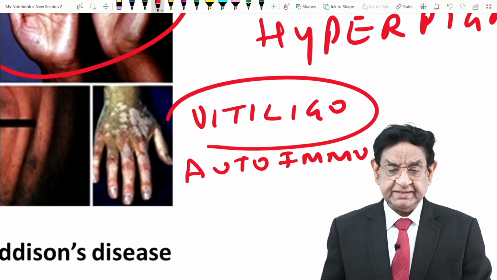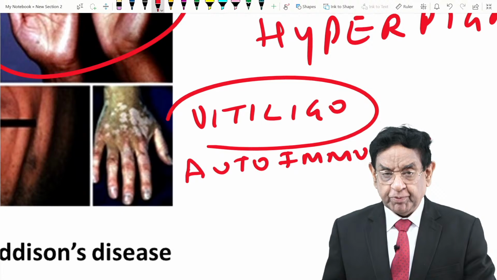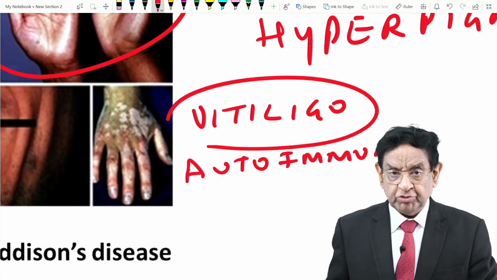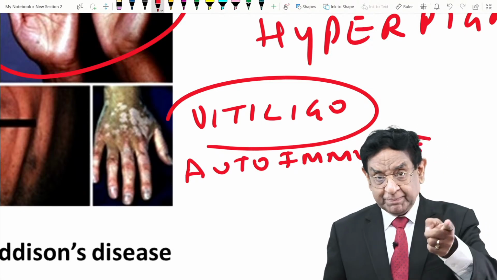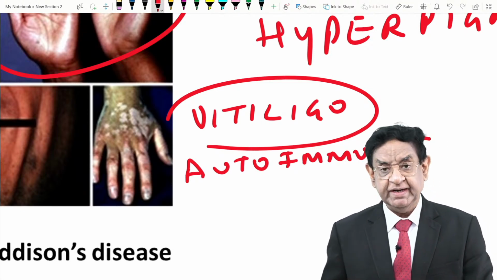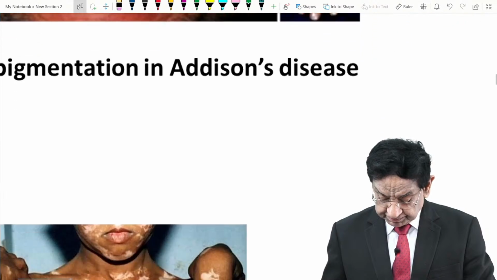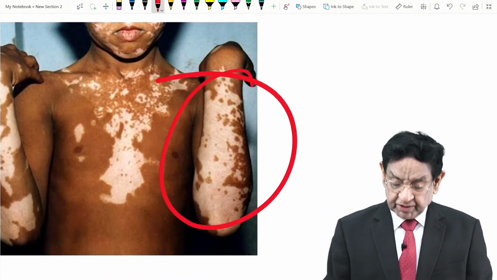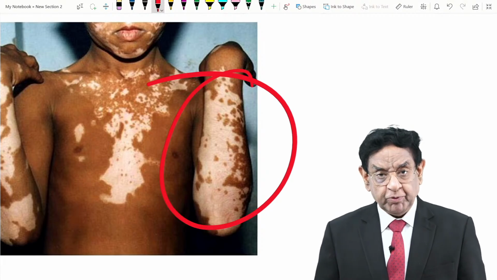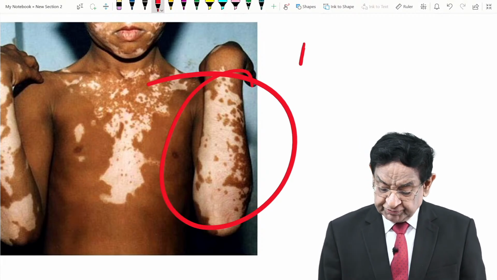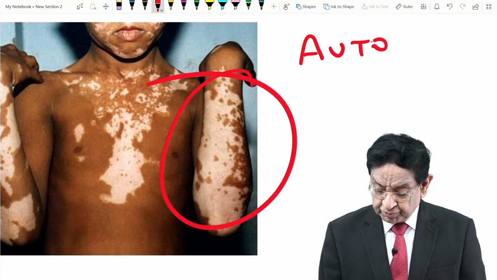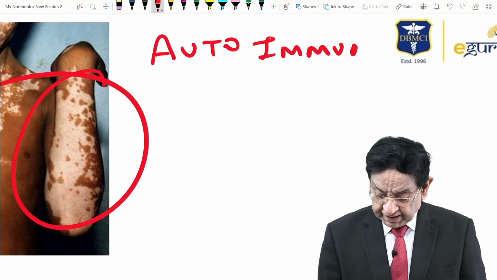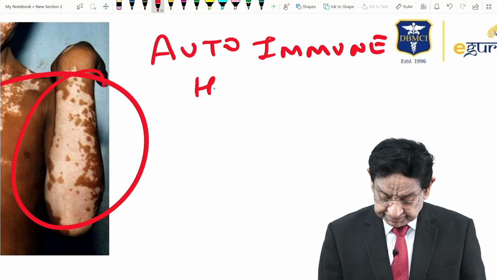We know very well Addison disease or hypoadrenalism can occur due to so many causes. But in the autoimmune variety, we may get either hyperpigmentation or even vitiligo. So if you are getting vitiligo and the patient has hypoadrenalism, we are sure we are dealing with the autoimmune type of hypoadrenalism.